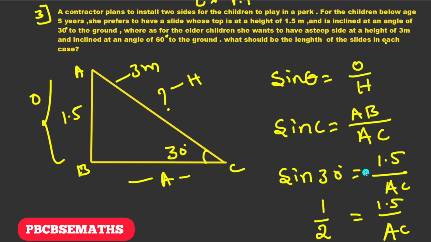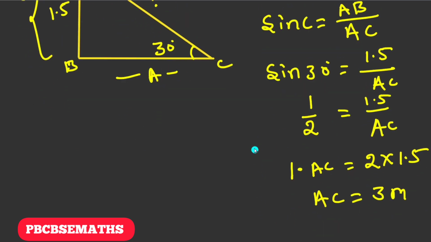Now in the second part, the height of the top of the slide from the ground is equal to how much? It is equal to 3 meter and it is inclined at an angle of 60 degree. Then in that case we need to find out the total length of that slide. So let's do that. For that, let's draw one more right angled triangle.